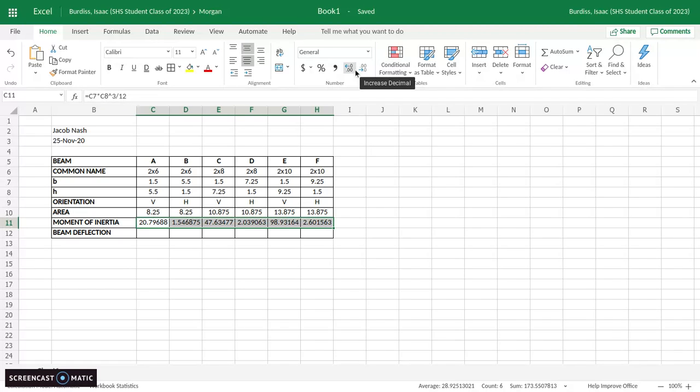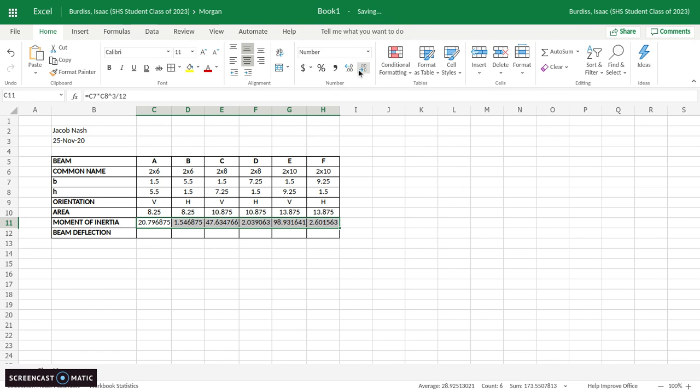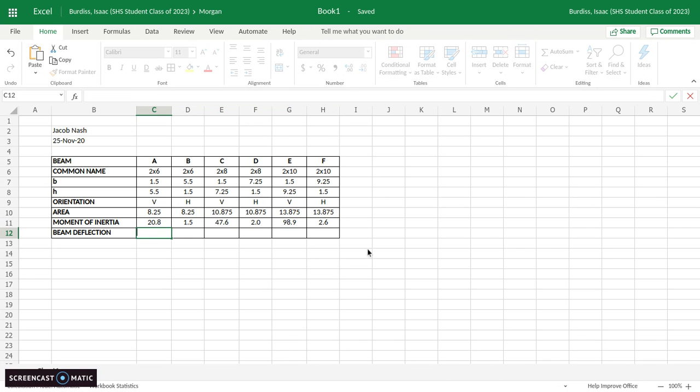You need to change the decimal to make it only, let's see, what did it say? Let's just do 2/10. That's simple, because it's not always good to have such a big decimal.